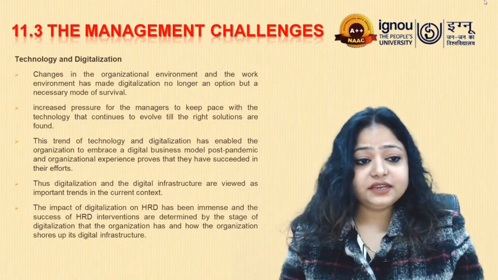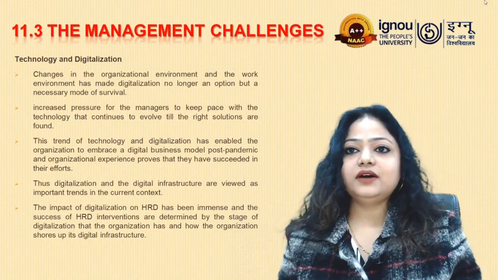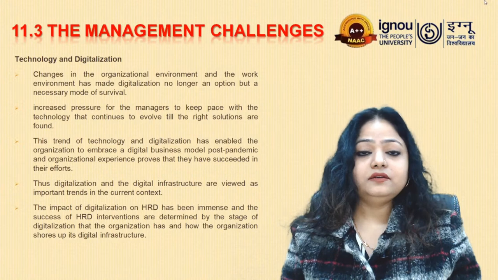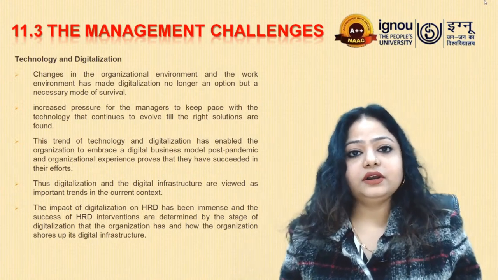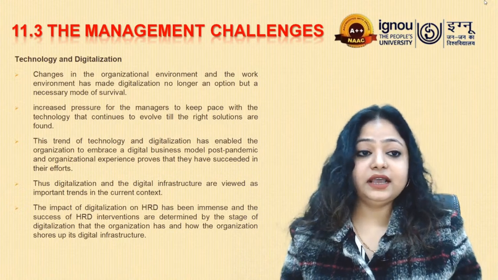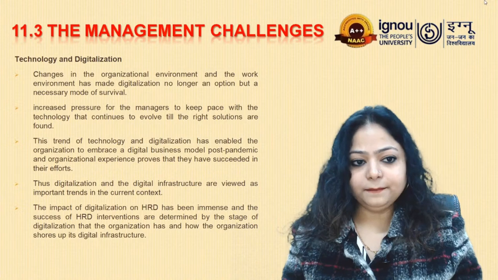Now, technology and digitalization. As we have already discussed, the advancement of technology will hamper or create a hindrance or pose opportunity for the business organization as well. It is a challenge for overall human resource development.